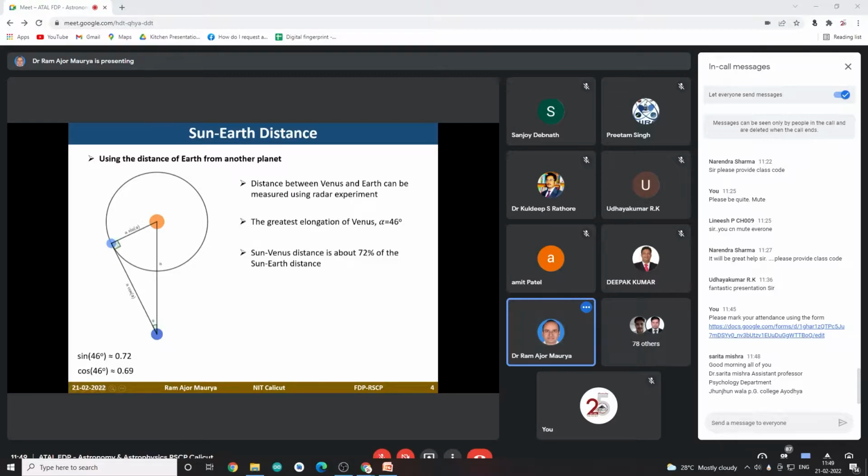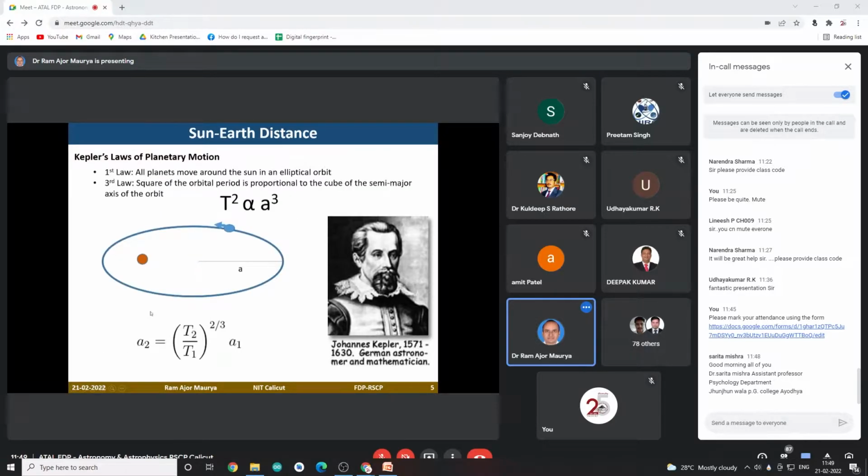And the distance between Venus and Sun is around 0.72 of the distance between the Sun and Earth. We can also use Kepler's laws of planetary motion to find the distances in our solar system.